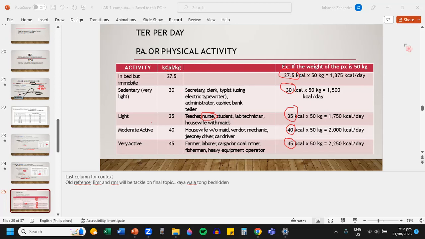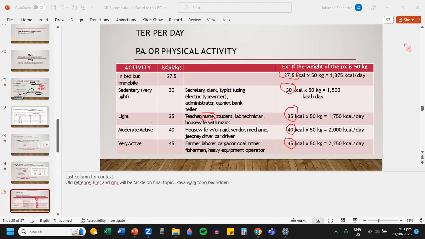Professions under this include teachers and nurses. Although a small disclaimer: there is no way that a nurse's work is light. However, because this is based on an old reference, nurses are listed here. Also under this are students, lab technicians, and housewives with maids.